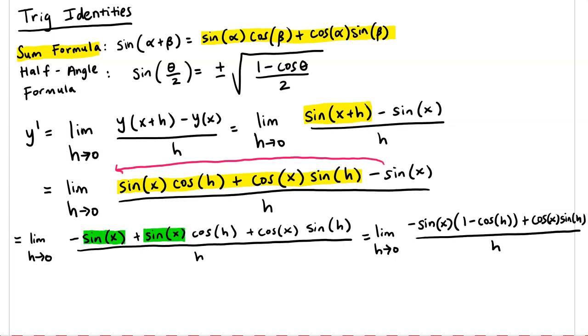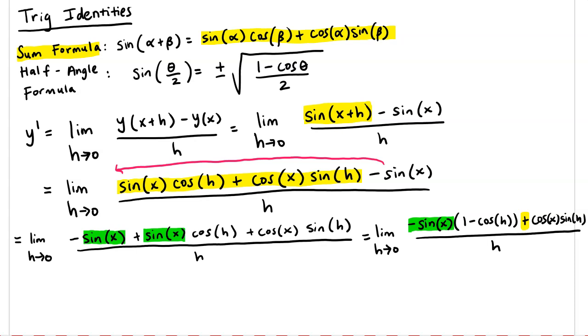Now what we can do is, because I have a sum right here, using the limit laws that we've learned, I can break this up into two different limits. The other thing that I want to point out is we factored out this negative sine of x, and our limit is for h approaching 0, which means that negative sine of x can be factored outside of our limit because it does not contain the variable h.